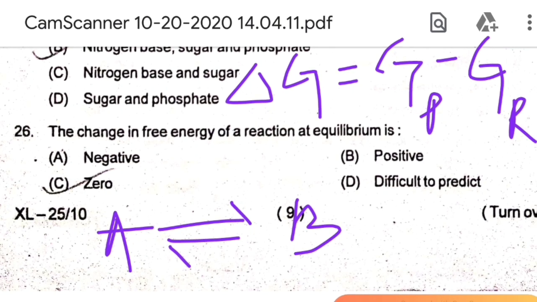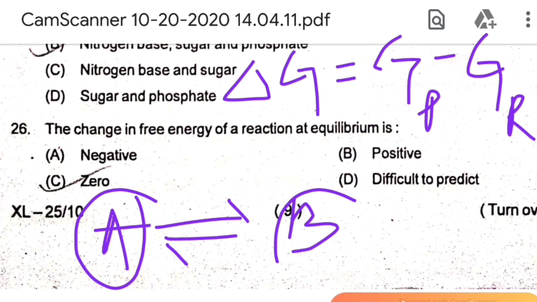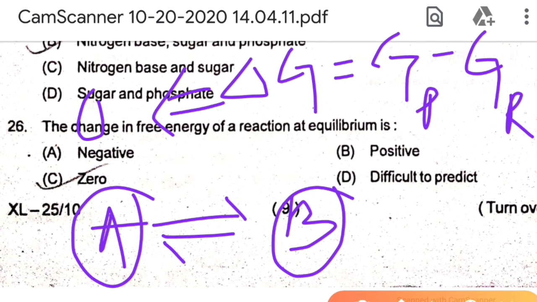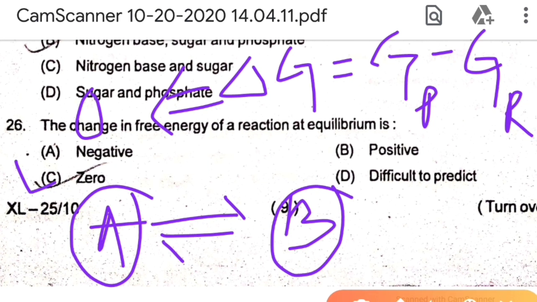So your change in free energy will be free energy of product minus free energy of reactant. Since both are in equilibrium, the free energy of product will be equal to free energy of reactant. So this value comes out to be 0. So for question number 26, the correct answer is 0.